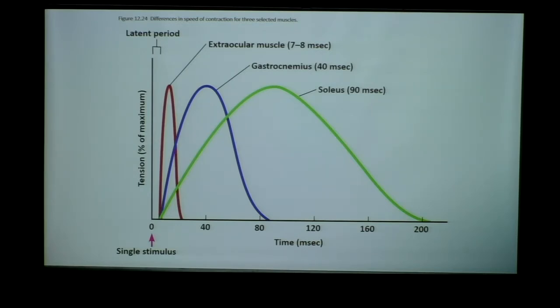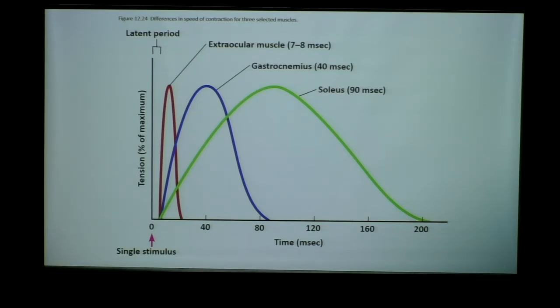The soleus muscle is more for maintaining our posture, whereas the gastrocnemius is important for walking, for our gait, for kicking, running. And so it's going to be a little bit faster in its rate of contraction and its rate of relaxation. Whereas we can see the soleus muscle has this slow, steady, longer, more sustained contraction, okay?